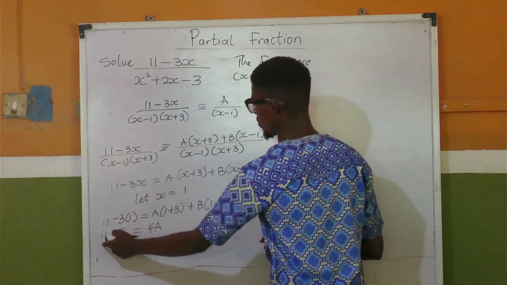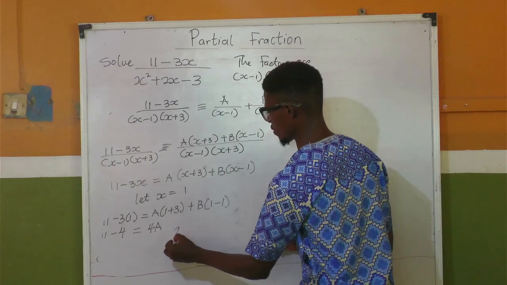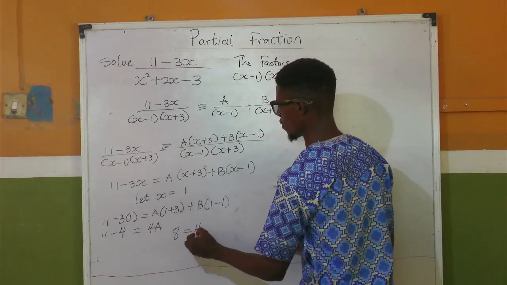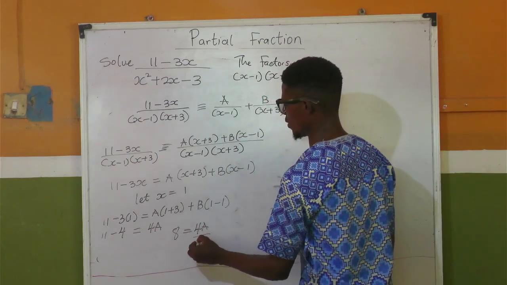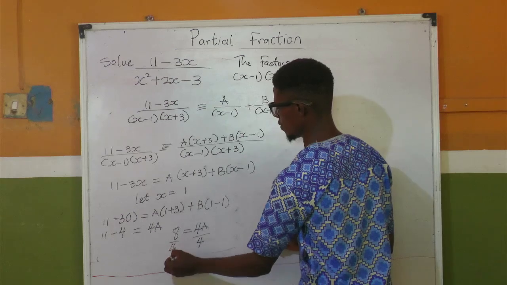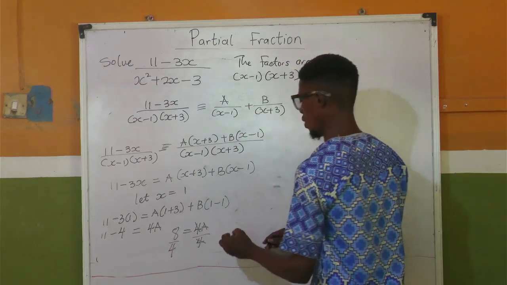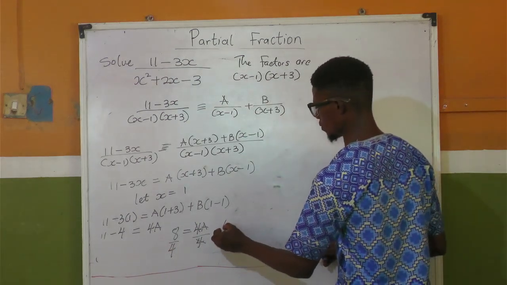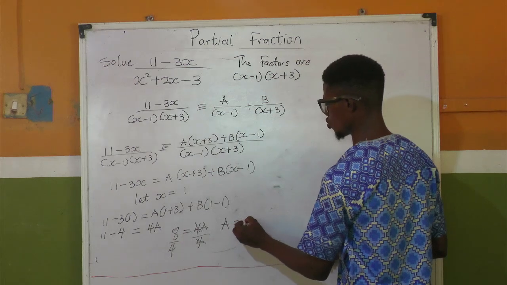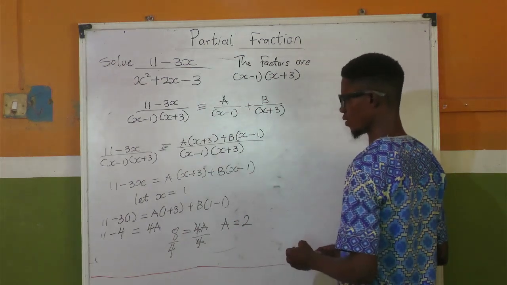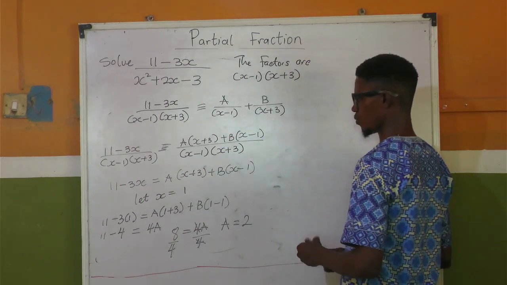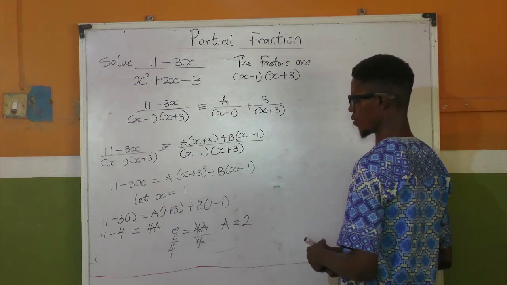You see that now? So 11 minus 3 is 8, equals 4A. We divide both sides by 4. Our A is 2. Do you get that now? Our A is 2, based on how we have done our calculation.